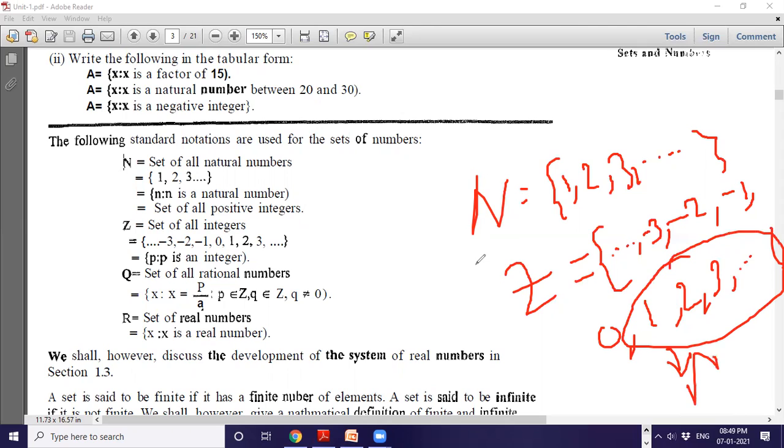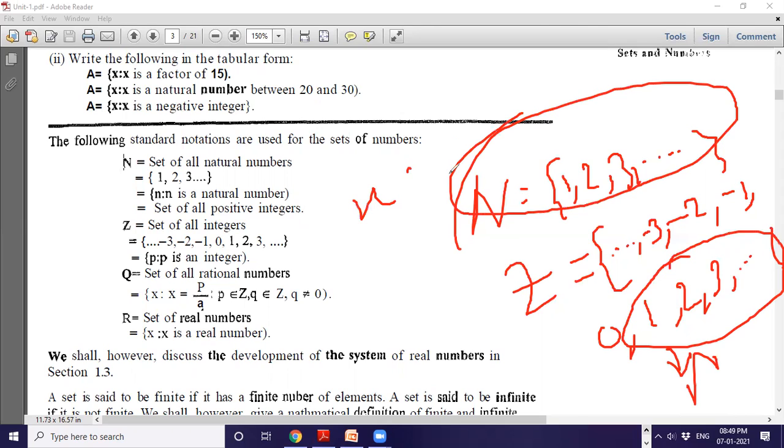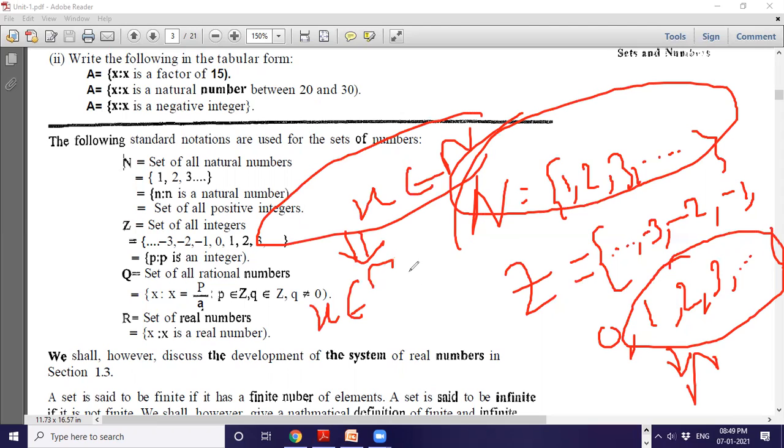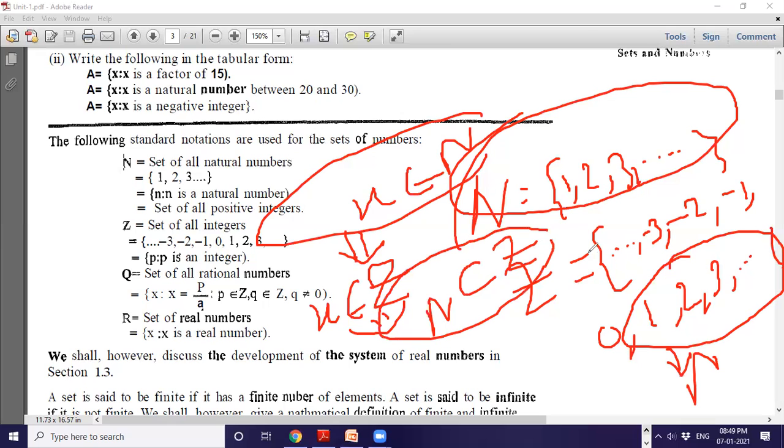So I can say that every element of x, if x belongs to N, okay, this implies x also belongs to Z. तो इसका मतलब क्या है? N जो है, N is a proper subset of Z, right? Why proper? Because there are some elements like 0, minus 3, minus 2, minus 1, dot, dot, dot.